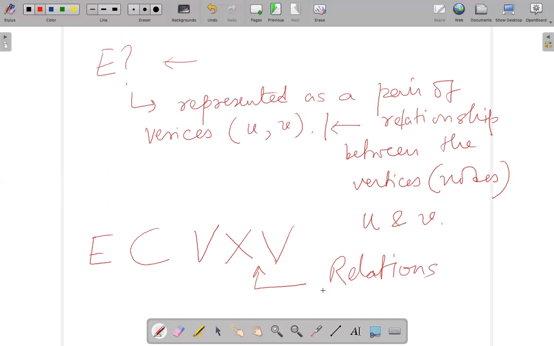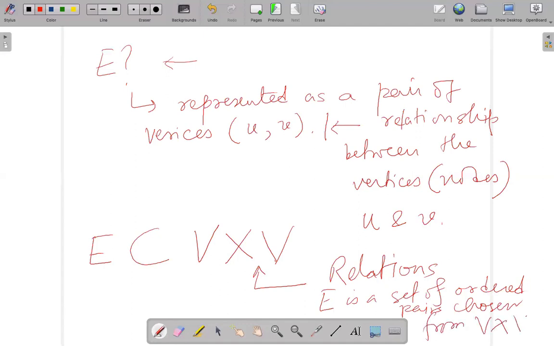So basically, E is a set of ordered pairs chosen from V cross V. So this is how you interpret E set theoretically.